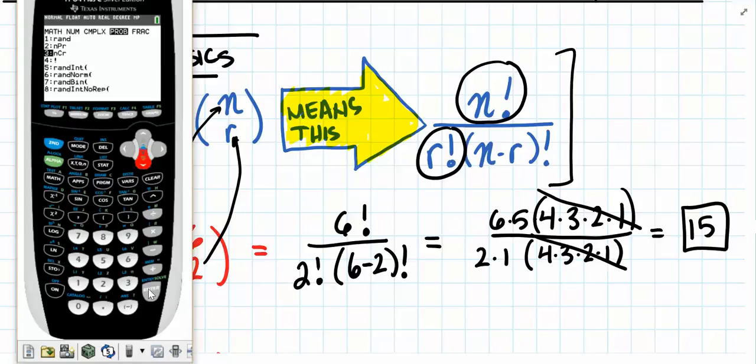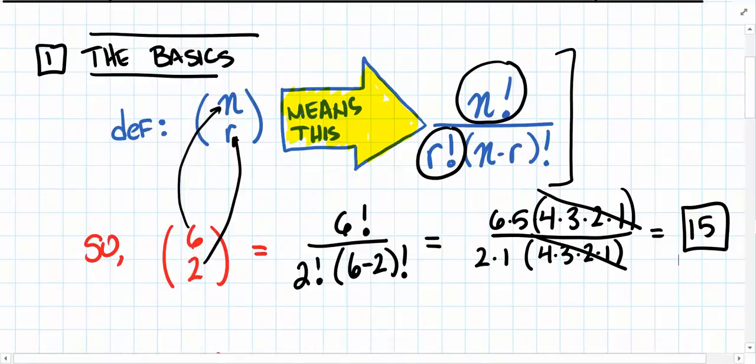It seems kind of weird, but that's what you do. So you want 6, then nCr, and then the r in this case is a value of 2. Pushing enter, and look, we get the 15, which matches what we had over there. So yes, there is a button on your calculator, and I want you to be able to do both the calculator and the computation by hand.